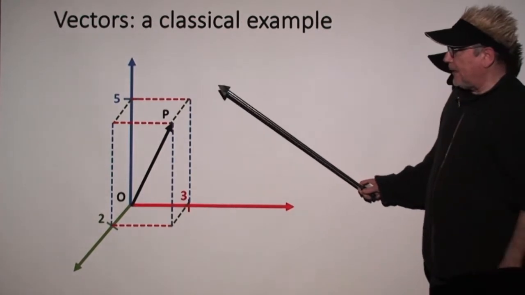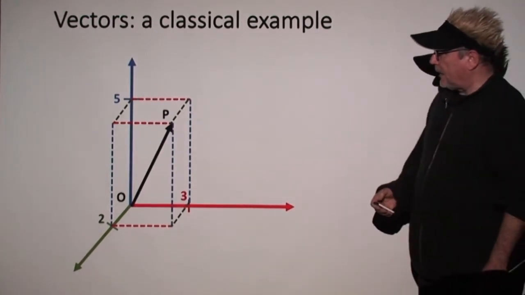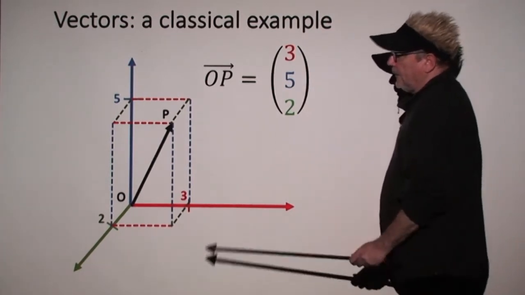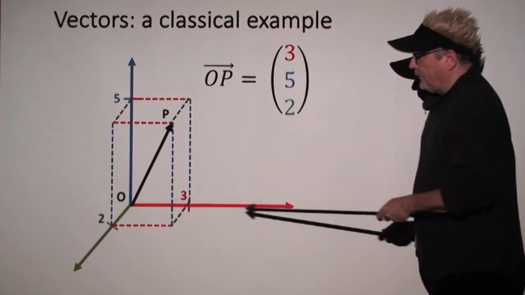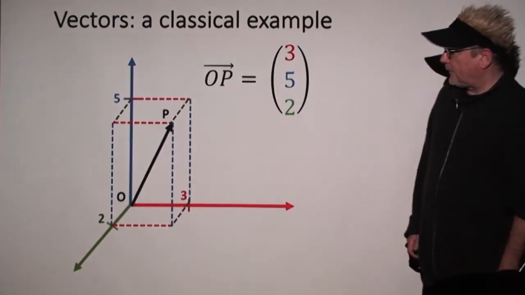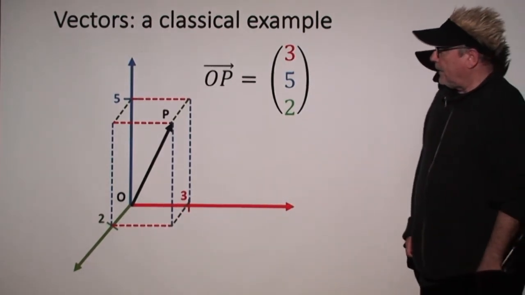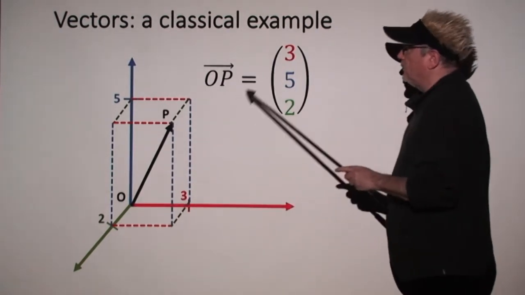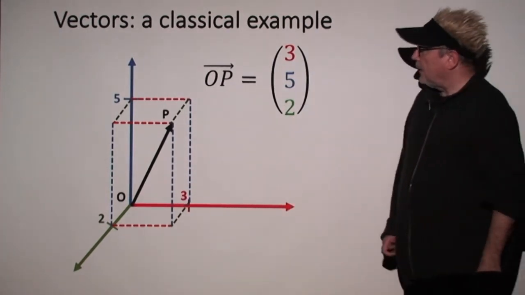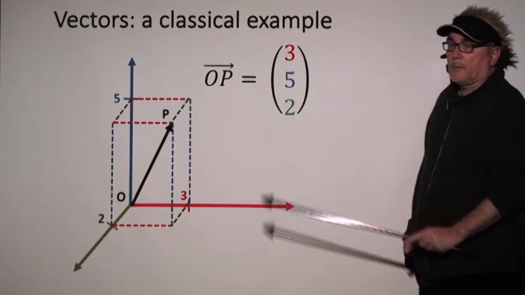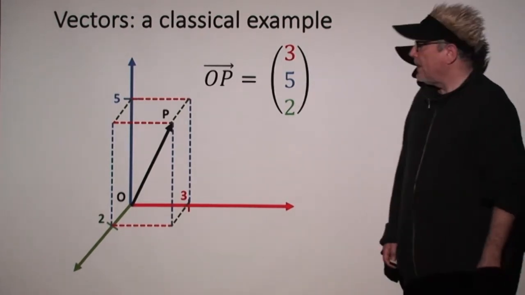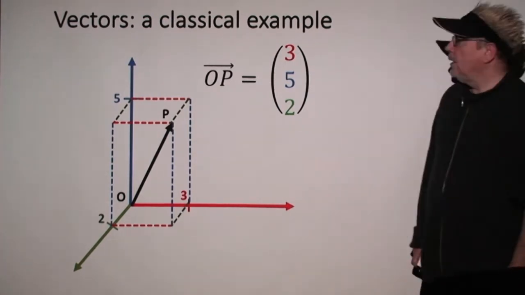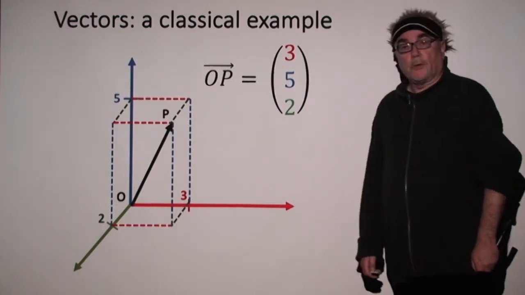And this vector, again, will be defined by 3 numbers, and these numbers correspond, obviously, to those directions on the axes. And so I can say that the vector OP is equal to (3, 5, 2). And as you can see, the order here is important, will be important, has been important, will always be important. Okay.